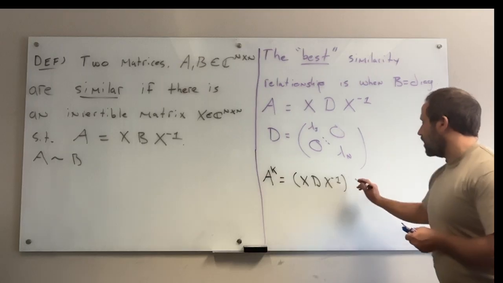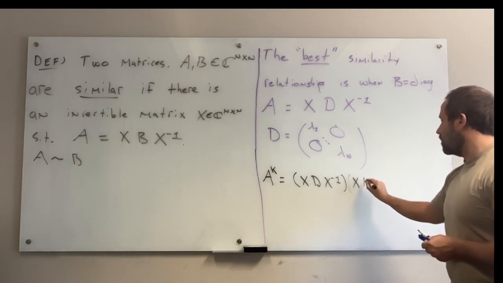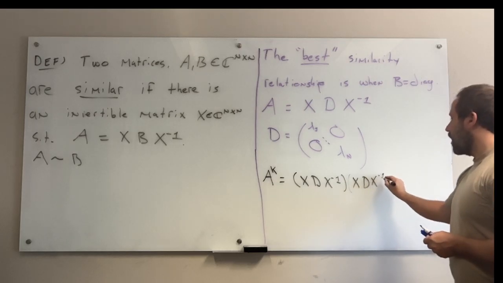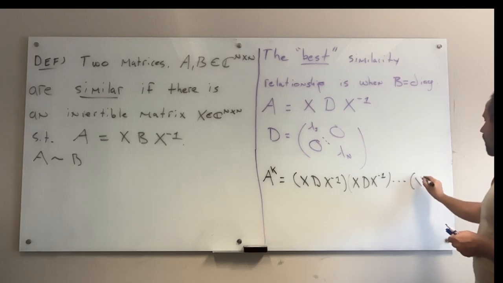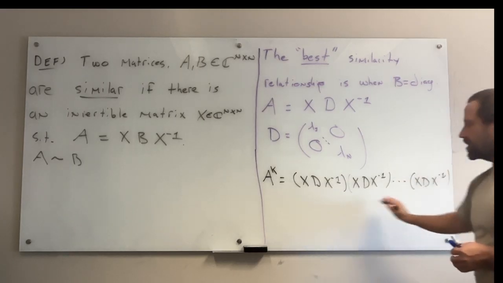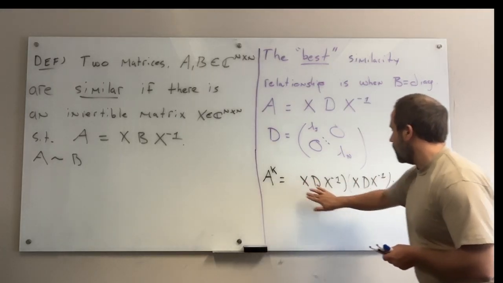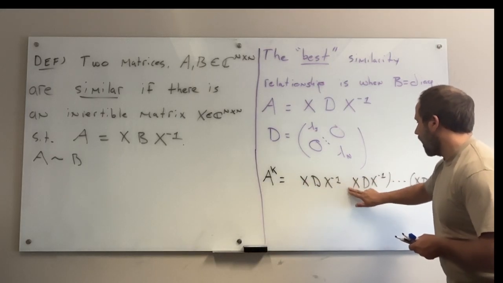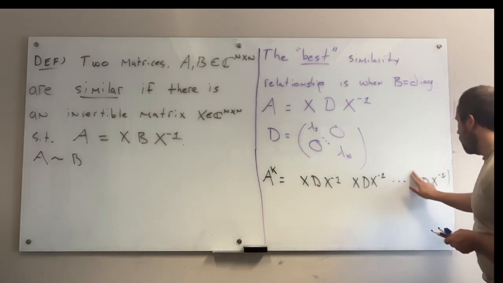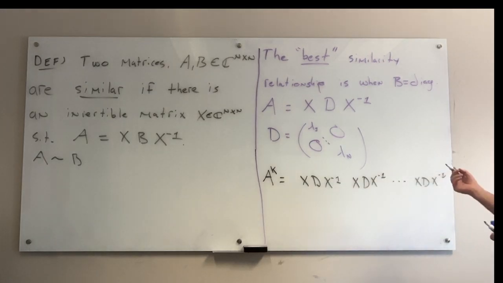I'm going to have X D X inverse, X D X inverse, all the way down, X D X inverse. I have this K times. Okay, so there's K different factors here. But again, notice that because of the associativity of matrix multiplication, I can just get rid of these parentheses and just write the product like this, and then do the computations in whatever order I want.